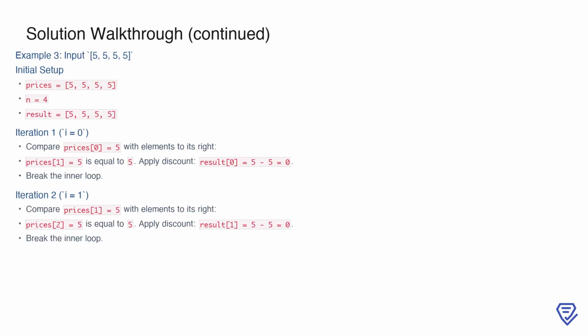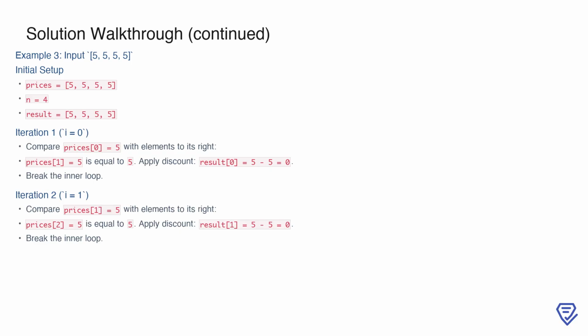Now, consider a scenario where all items have the same price, as in the input 5, 5, 5, 5. Here, the length of the array is 4, and we initialize result as a copy of the input. For the first item, prices[0] equals 5, we compare it with prices[1] equals 5. Since the prices are equal, this value is applied as the discount, updating result[0] to 0.